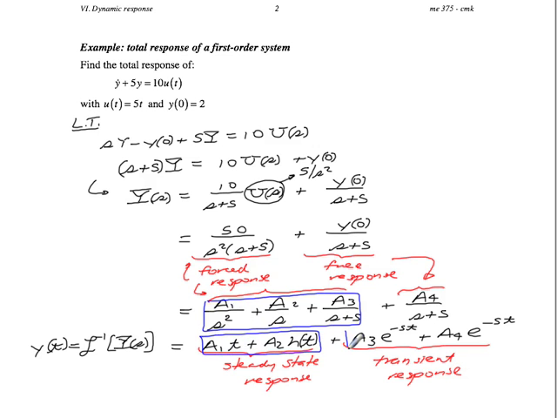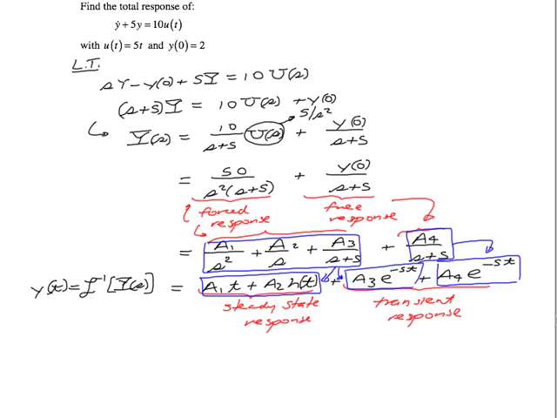So this gives this plus that. Where the free response always gives rise to these transient terms. So again, make a clear distinction between the forced part, which comes from everything but the initial conditions. That will give us steady state terms some of the times and transient terms, where the free part always adds to the transient part.